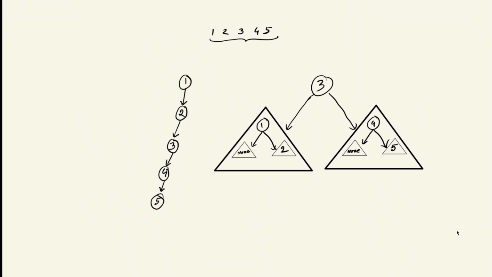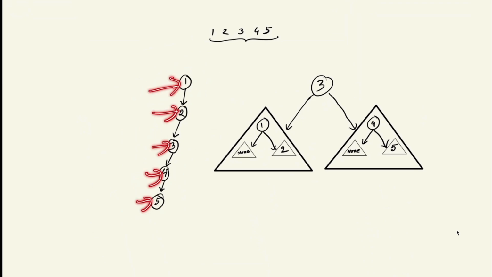Okay, but the problem with this tree is its height is larger. For example, its height is 1, 2, 3 and 4, right? We need to construct a tree in a way such that the height is minimized.